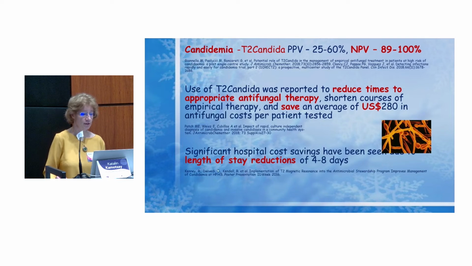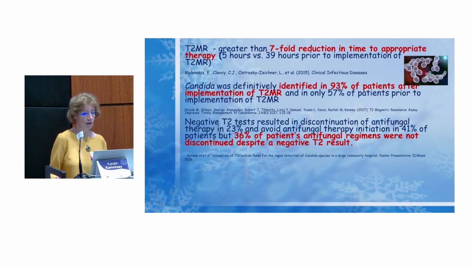And, of course, the length of stay reduction is also an important fact. In a study, it could identify the Candida species in 93% of patients after the implementation of T2MR.